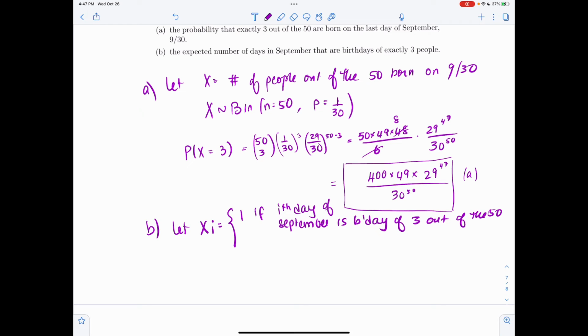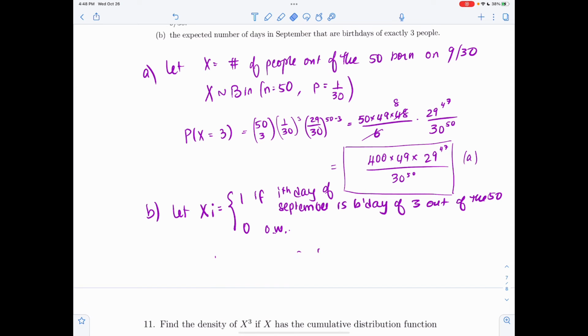So if you pick any one of these days, for example, September 15th, what is the random variable x15? It is 1 if exactly 3 have September 15th birthdays. If 4 have September 15th birthdays, or 2 or 1 or 0 or any other number besides 3, then this random variable is 0. Okay, makes sense?